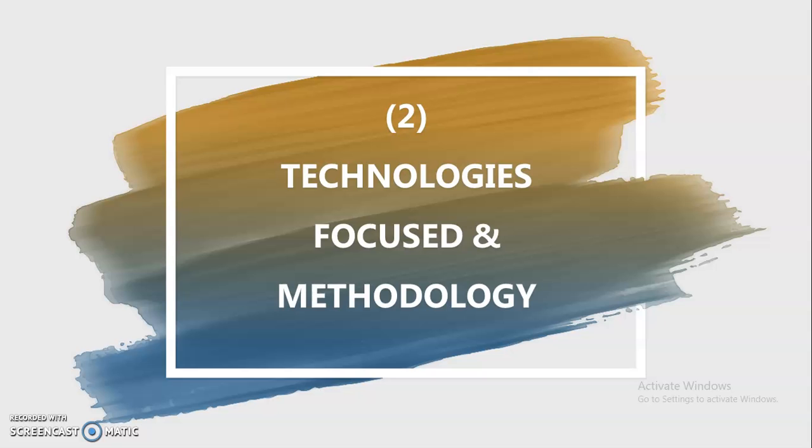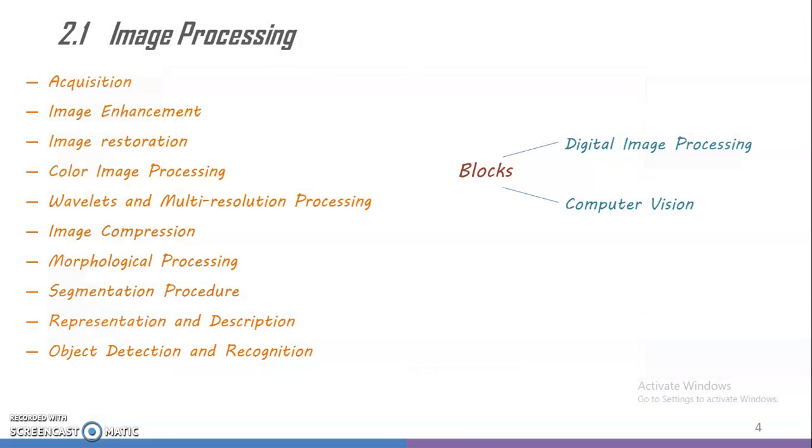Now we will come to the technologies focused on and the methodology used in the project. First, the technology we use is image processing. These are the phases of image processing, the different parts of image processing.